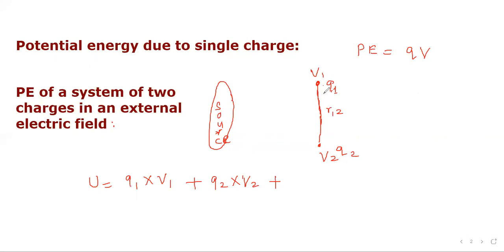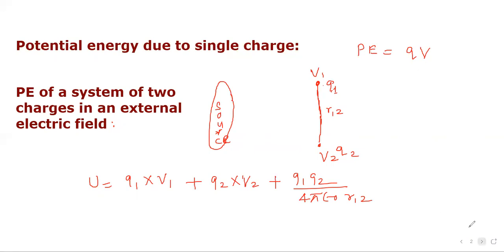Now, we have to consider the interaction between these two charges also. So Q1 Q2 divided by 4 pi epsilon naught, and separation between these two charges, that is R12. So this is potential energy of system of two charges placed in an external electric field.